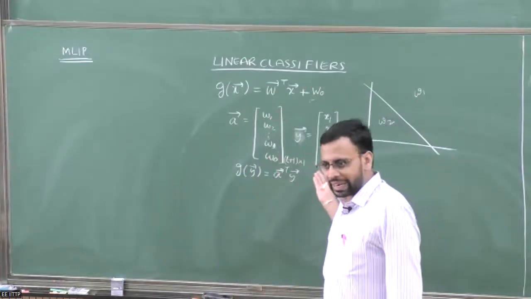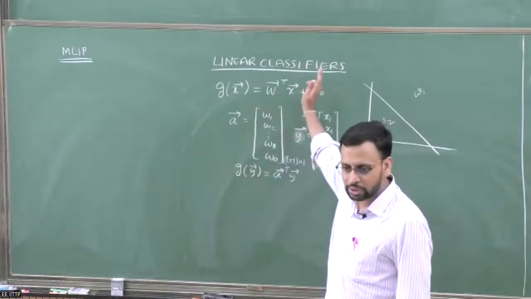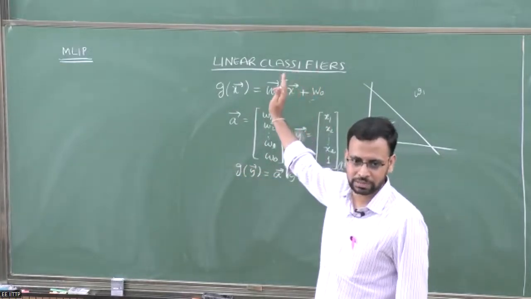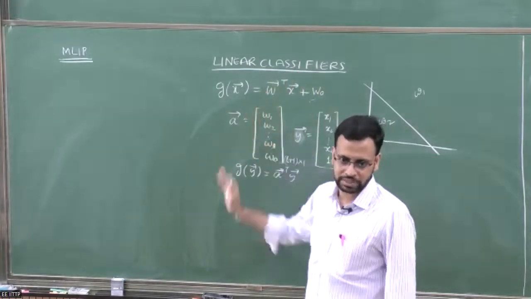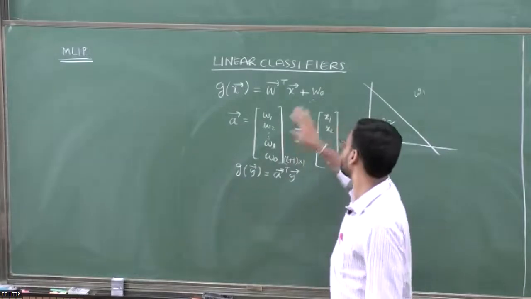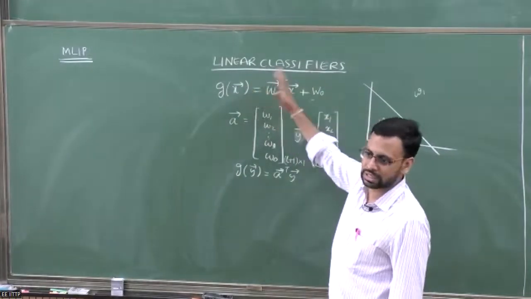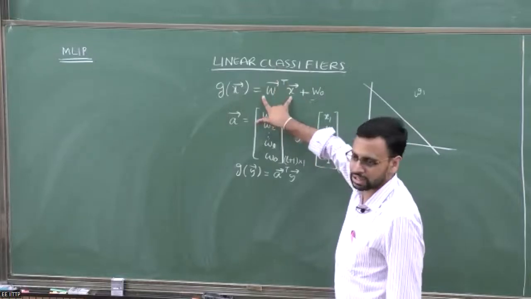So in L dimensional space, this is nonlinear. You are moving into an L plus 1 dimensional space, and this makes it linear. It will be convenient for us because from now onwards, you don't have to deal with two terms here. You just treat it with just this term itself.